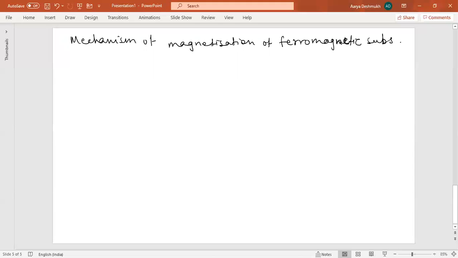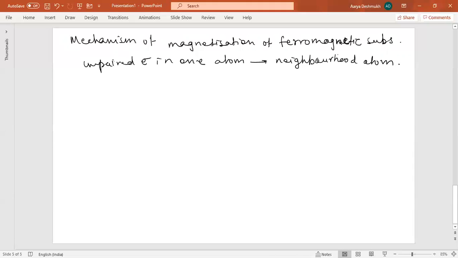So the unpaired electron present in one atom interacts with the unpaired electron in the neighborhood atom. So they align themselves spontaneously in a common direction, in the same direction, in a small volume of the solid, which is called a domain.